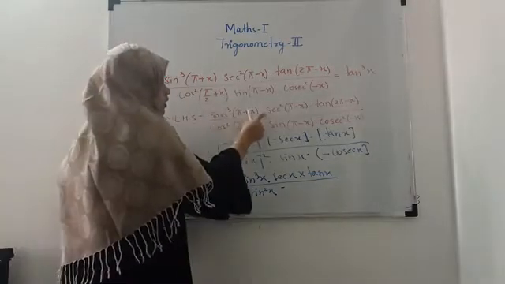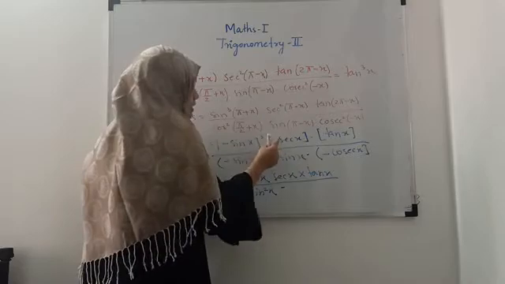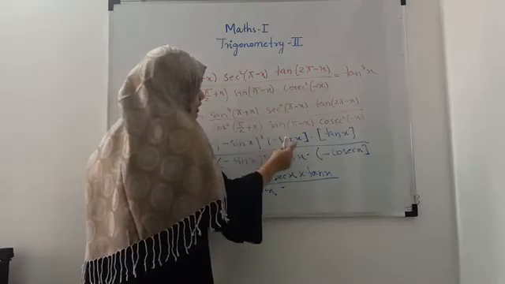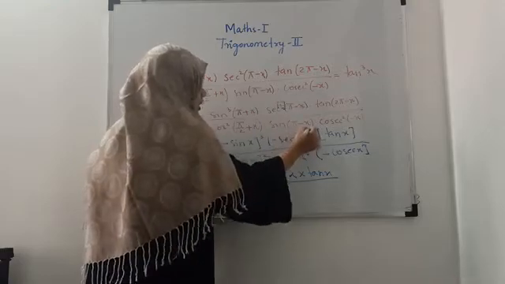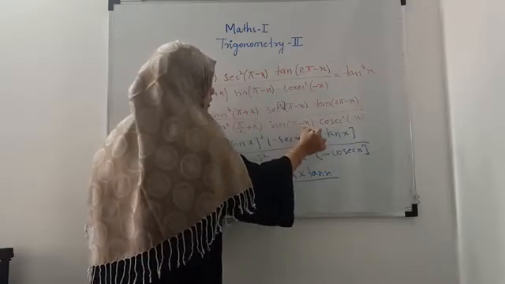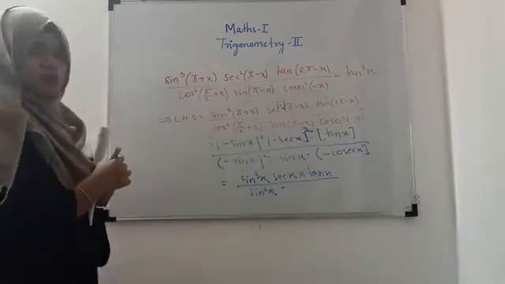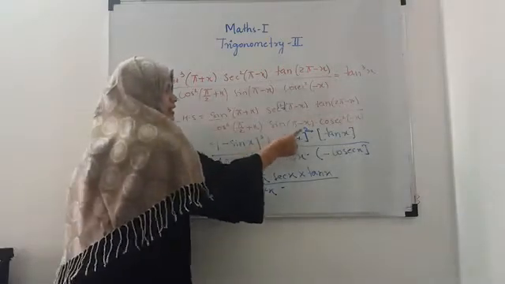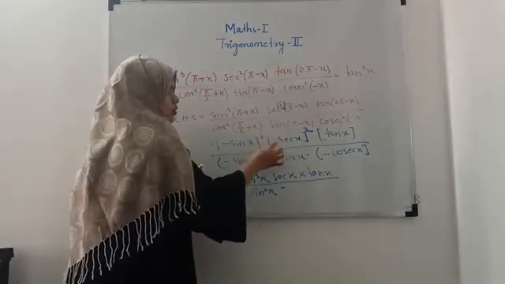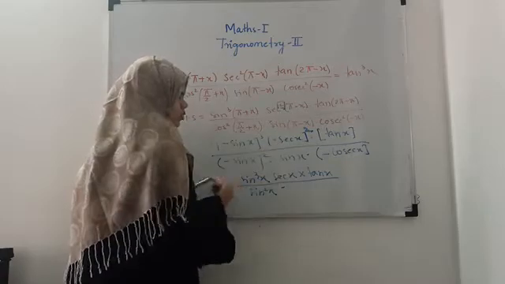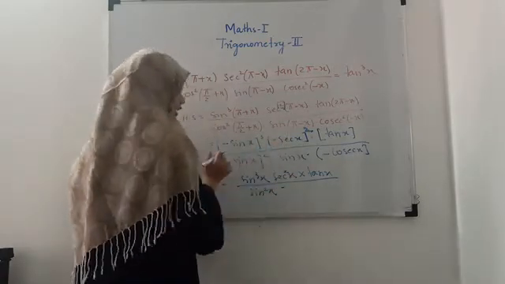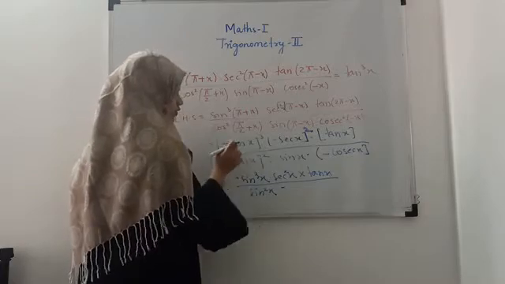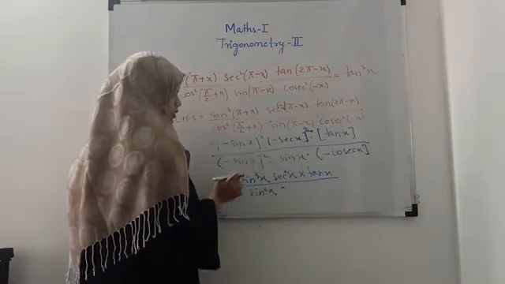See, here sec of pi minus x is there and we have written only minus sine x. We skipped this square sign, so we'll put that. We have made one mistake. Okay, so here minus square is there. So this minus and square will go. So here it is sec square x. Sec square x. Okay, and the minus sign is also left of cube. Minus 1 of cube is minus 1.